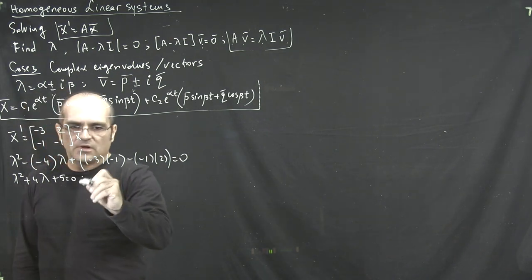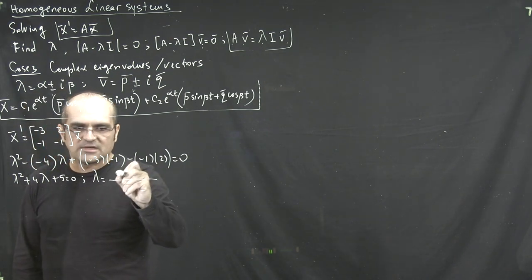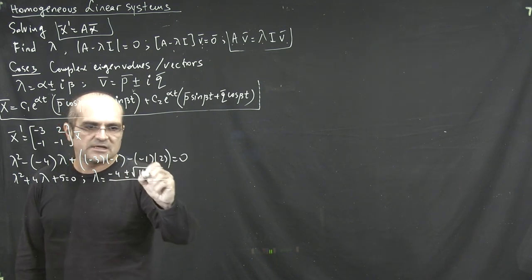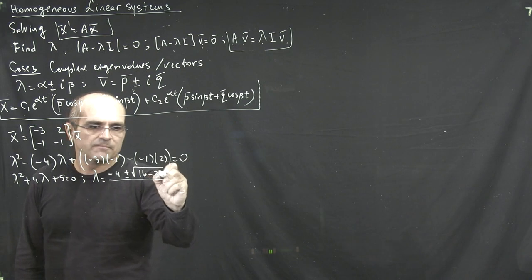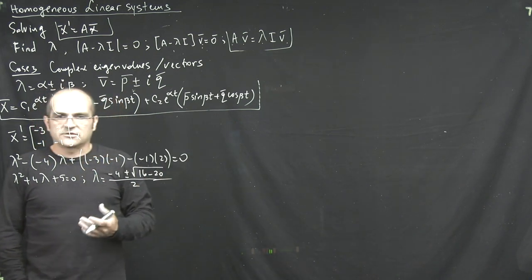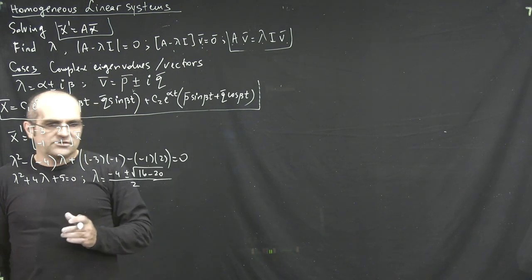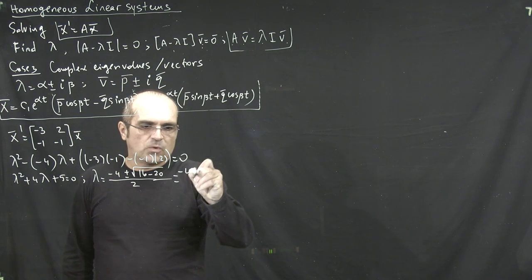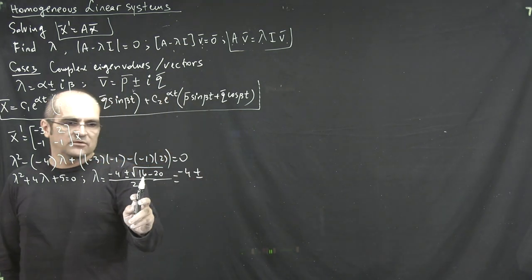All right, so lambda with the quadratic formula is minus 4 plus minus square root of 16 minus 20, divided by 2. Once you see the negative quantity under the radical, then realize you are in the complex case. So this will be minus 4 plus minus root minus 4.